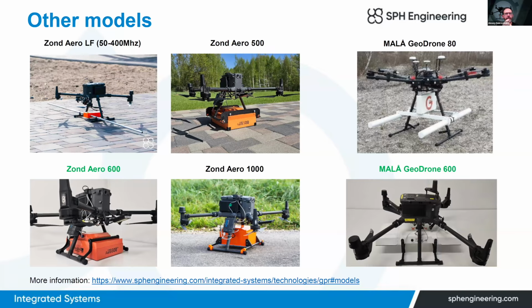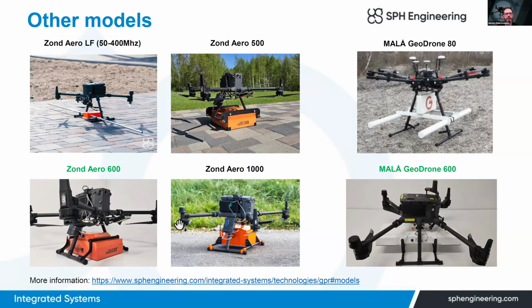Why was Zond Aero 600 introduced? The answer is very simple. To have a model which has the same application scenarios as the 500 megahertz system, but can be used with new drones or with smaller drones.